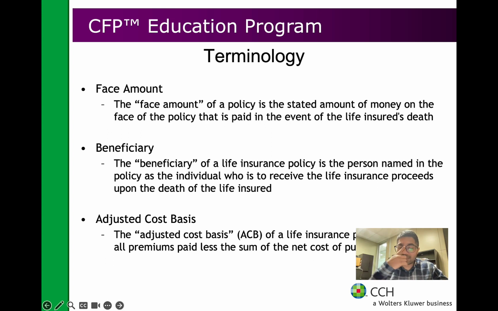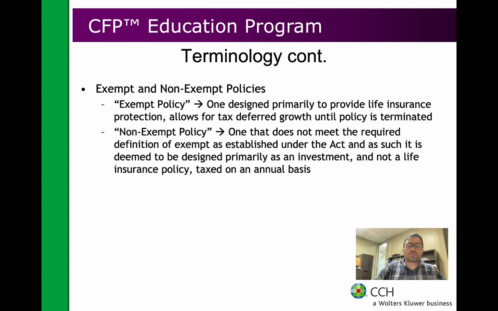So the adjusted cost basis is the premium in excess of the cost of insurance that you are paying. This generally happens in the case of investment kind of policies, where the premium you're paying is way higher than the cost of insurance. So the excess premium gets invested, and that excess premium is helpful to calculate the adjusted cost basis.